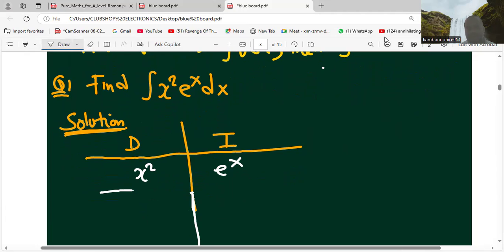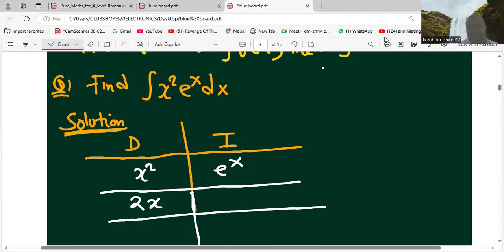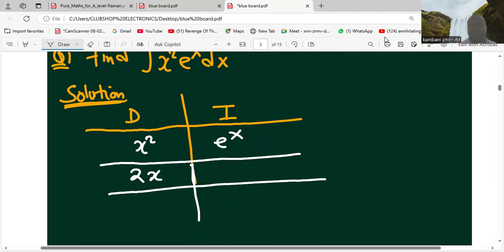What is the derivative of x squared? We have 2x, all right? So we'll keep on differentiating until we get 0. What is the derivative of 2x? We have 2. Then what is the derivative of 2?